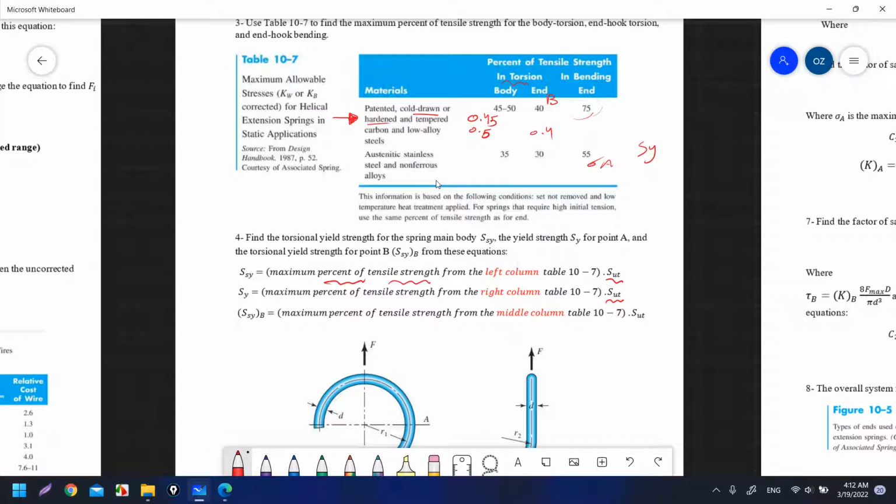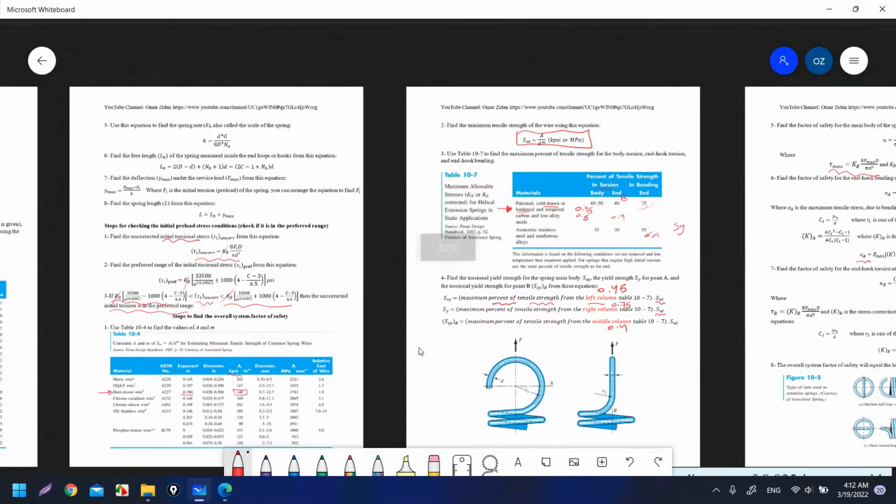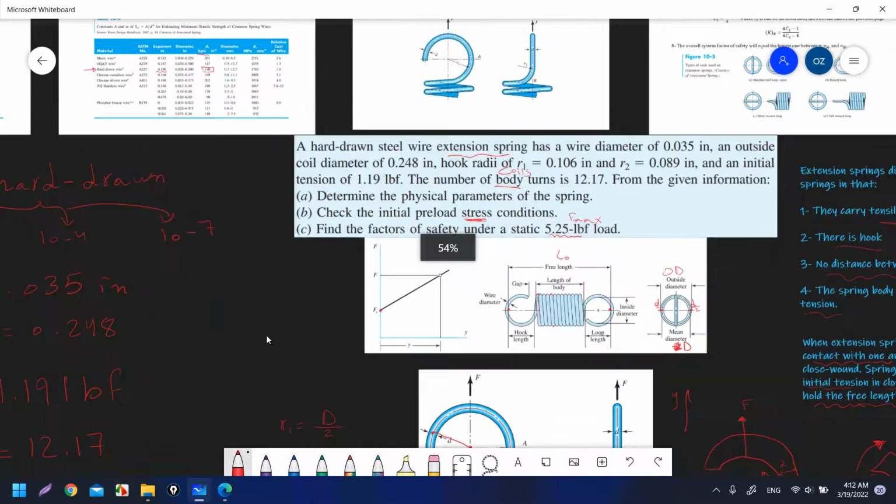For SSY we will use the left column, for the body. You take 0.45 or 0.5 as you like, it doesn't matter. So we will take 0.45, and for SY we will take the right column, it will be 0.75, and for point B, the end hook, we will take 0.4. Multiply all of them by SUT to calculate SY, SSY, and SSY for point B.